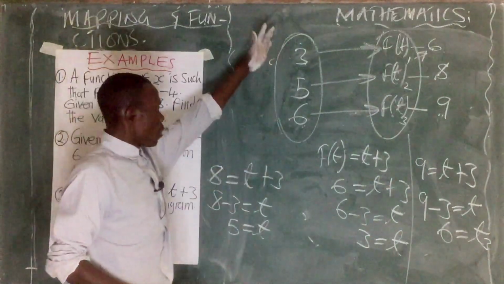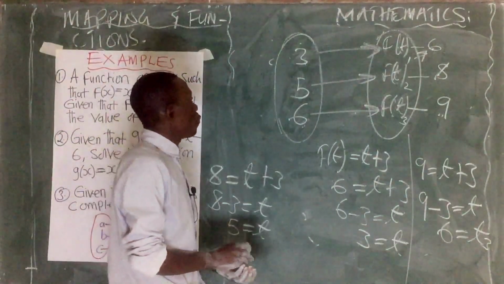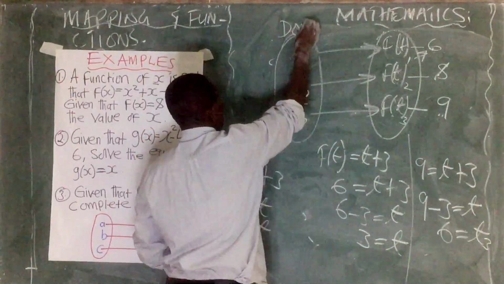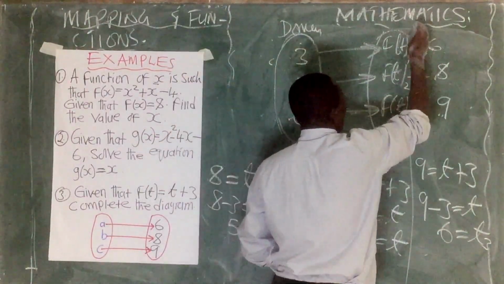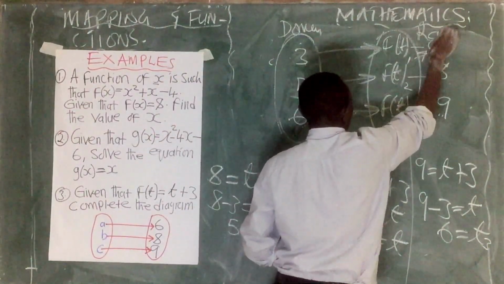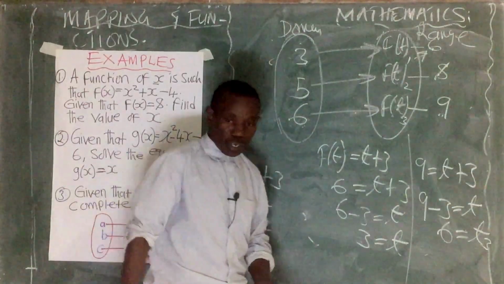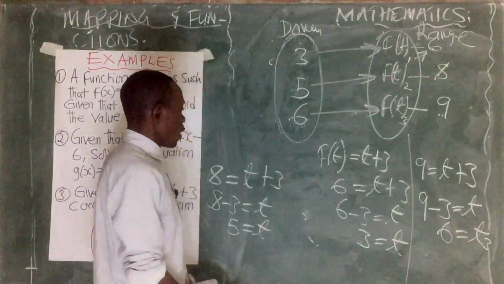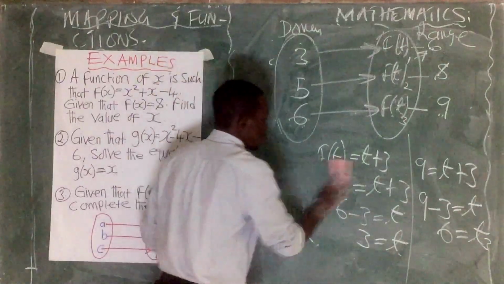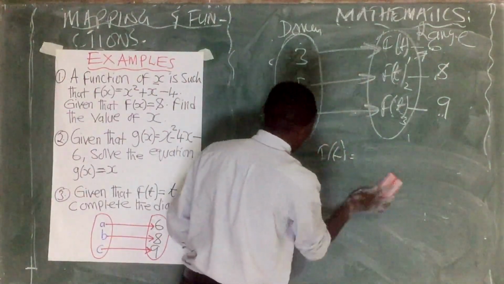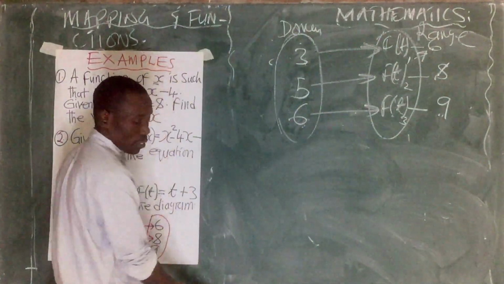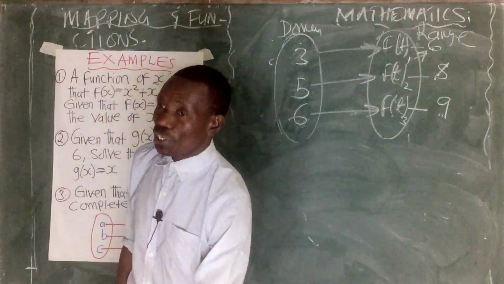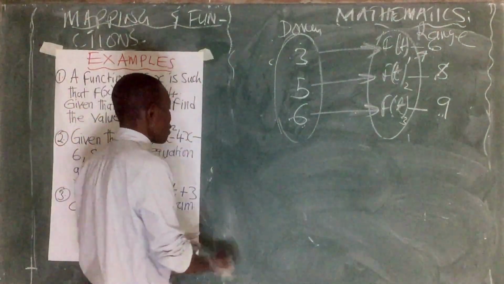So all what we have been working here, these are members of the set of the domain, and what we are given here, these are members of the set of the range. Right. So to finalize everything about that diagram match that we have been asked to complete, the conclusion shall be indicated as follows.